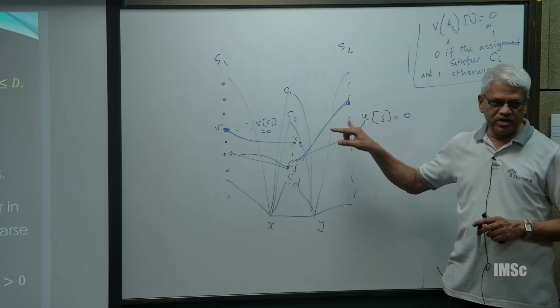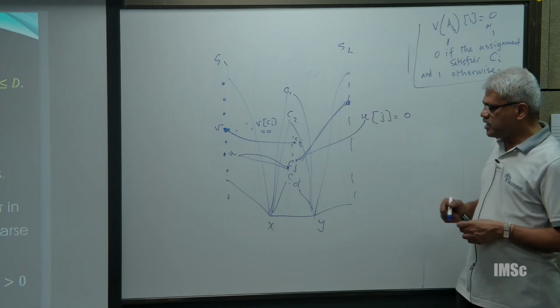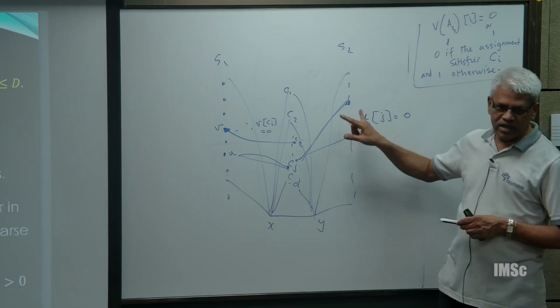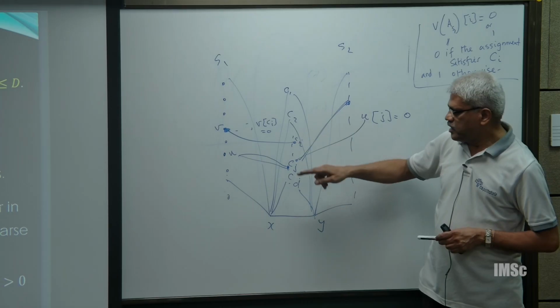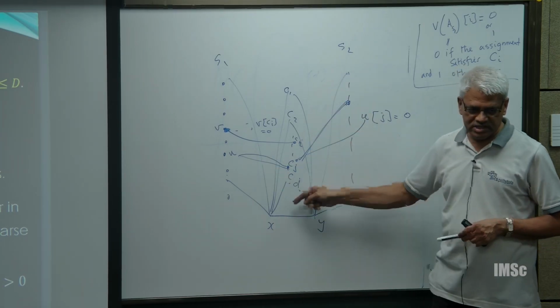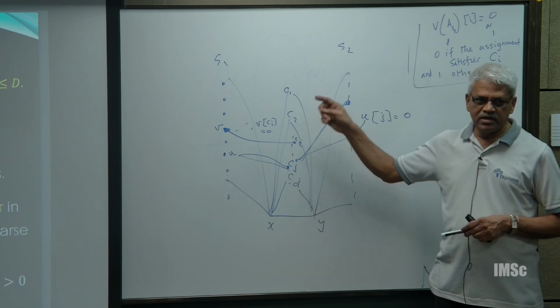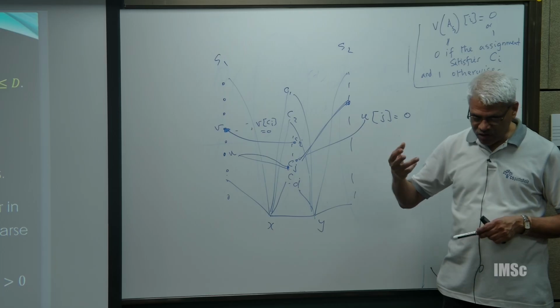Suppose there is a pair of vertices which are orthogonal. What does that mean? Their inner product is 0. That means there is no Cj to which both of these are adjacent. So that means the diameter is not 2, but 3.